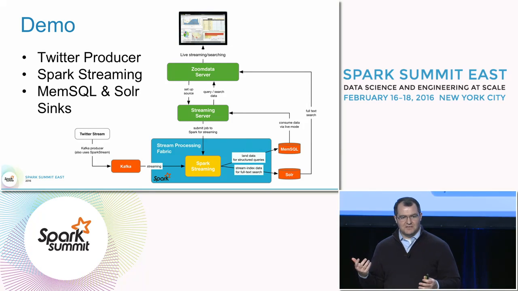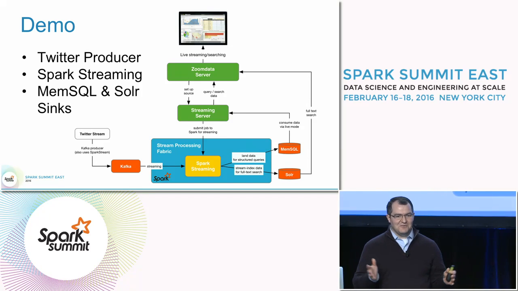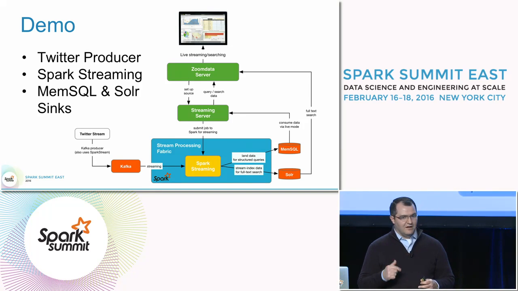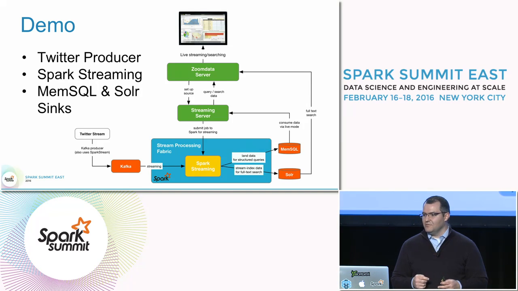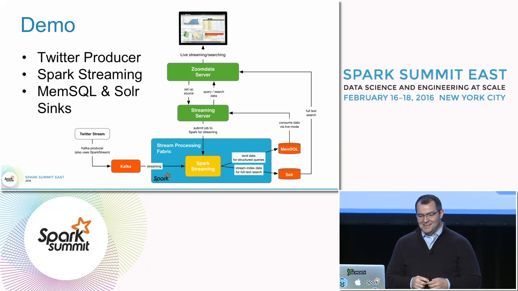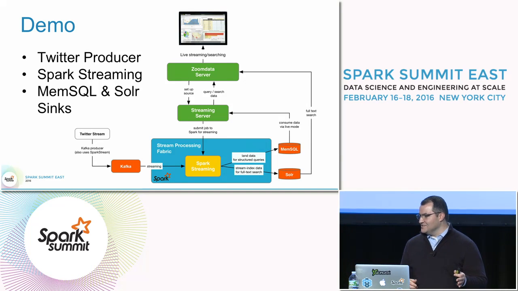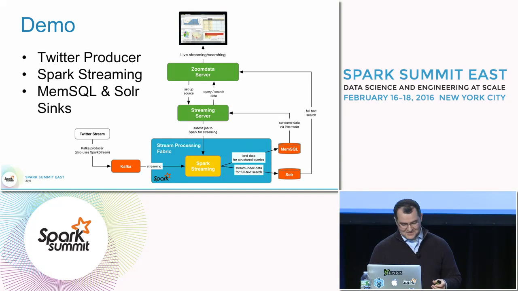We're not really doing anything special there. It's purely a demo for understanding. My colleague Kwan, one of our principal architects at Zoomdata, set that up just recently to point to the Spark Summit hashtag. So we'll see how that goes.